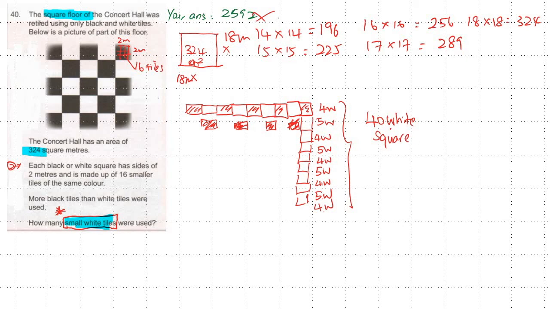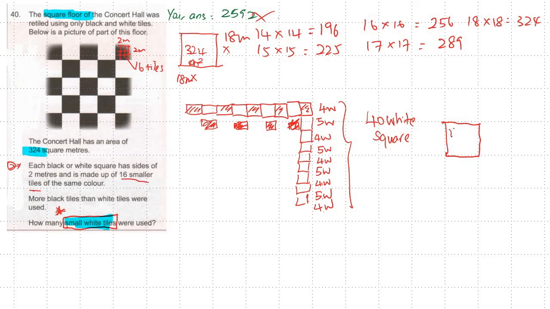But is the question asking about white squares? No, the question is asking about small white tiles. This is one white square, and you have 40 of them. But in one white square, there are actually 16 smaller tiles of the same color.